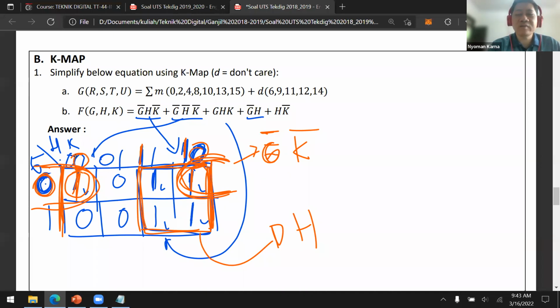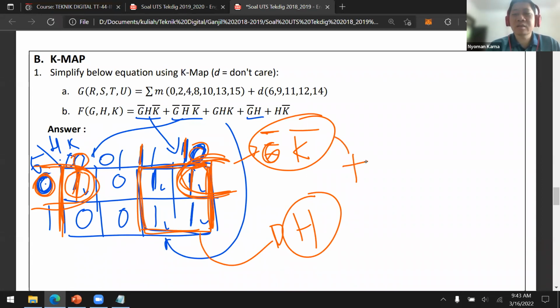So now we have 2 groups, H and G naught, K naught. Because this one is SOP, we just try to add. So it will become H plus G naught, K naught.